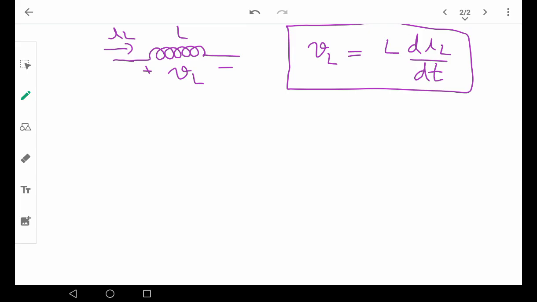So you have a voltage induced in the coil, an induced voltage, when there is a change of current. If there is no change in current, dIL by dt will be 0, so there will not be any voltage induced in the coil.